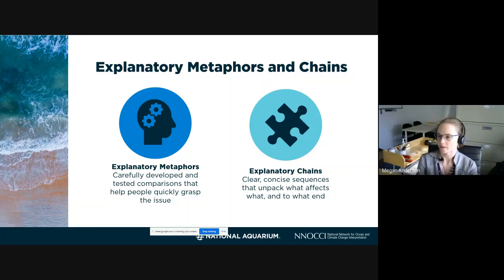The other one I wanted to mention is explanatory chains, which is just a technique to make sure that you are not leaving a cognitive gap. I'm very worried that when I was explaining the science, I left several cognitive gaps because I jumped very quickly from point A to point D to point F, instead of going in order.